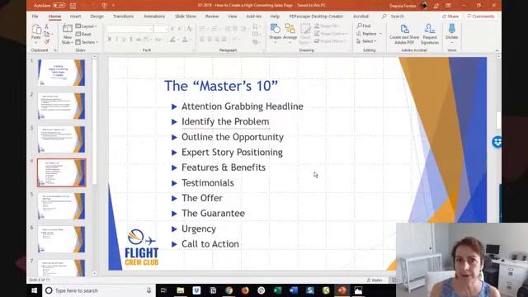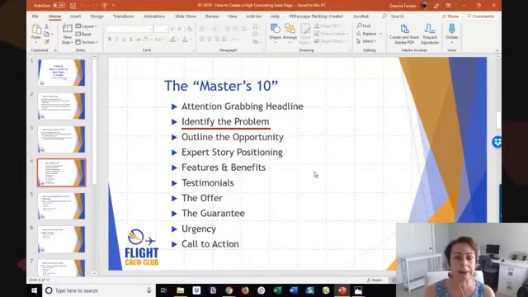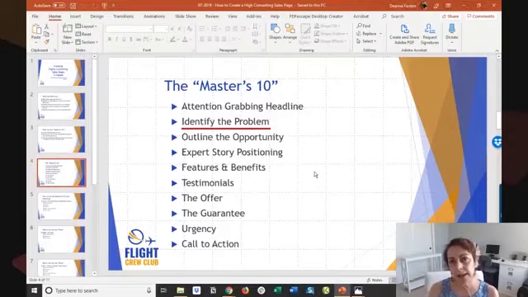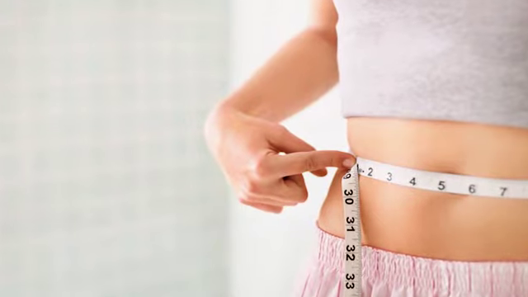Then you need to identify the problem. They have an interesting twist on this: your ideal customer thinks they have one problem, but underlying that problem is another situation, another challenge, that's the challenge that you solve for them. The example they used was someone trying to lose weight.